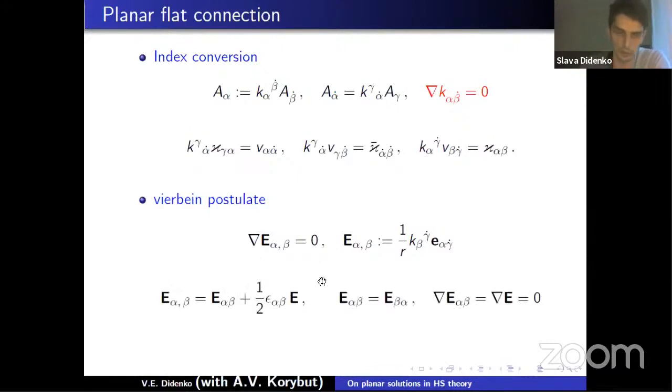Then it will be convenient to decompose it into symmetric part, epsilon alpha beta, and antisymmetric E, so that both components are covariantly constant. And in these terms, this auxiliary flat connection gets written as follows. So these are the prerequisites that I will need in constructing solutions for higher spin equations.